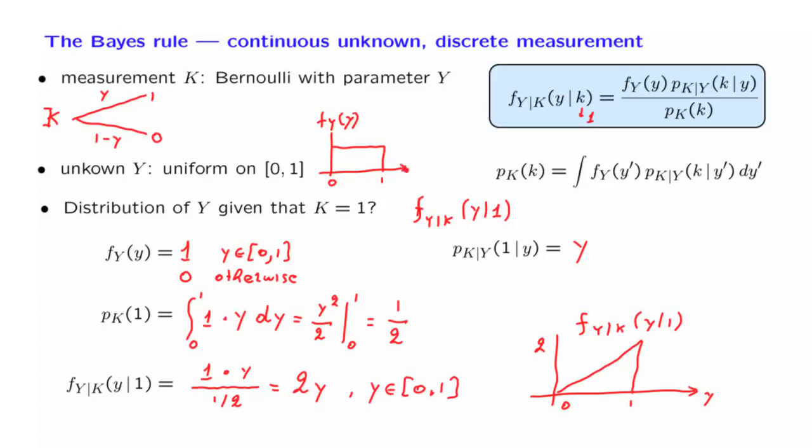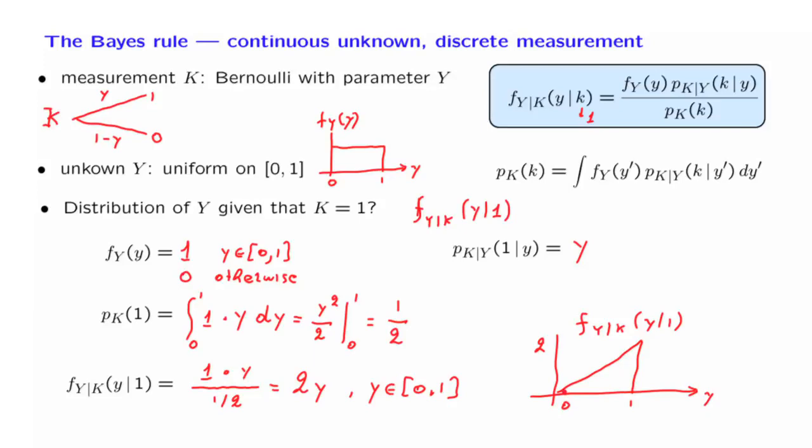But once we observed an outcome of 1, this tells us that perhaps y is on the higher side, on the higher end rather than the lower end.